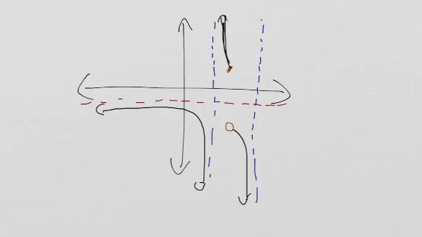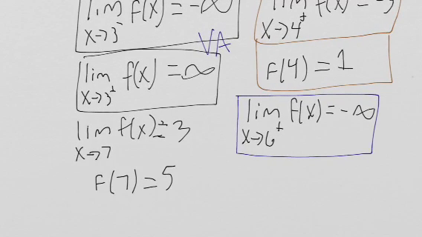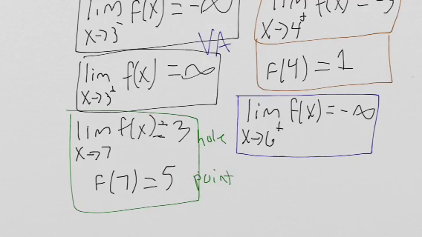All right, so then moving back here now, we notice that we have the limit as x approaches 7 is 3, but f of 7 is actually equal to 5. So what that tells us is we have a hole at (7, 3), but then we have a point at (7, 5).